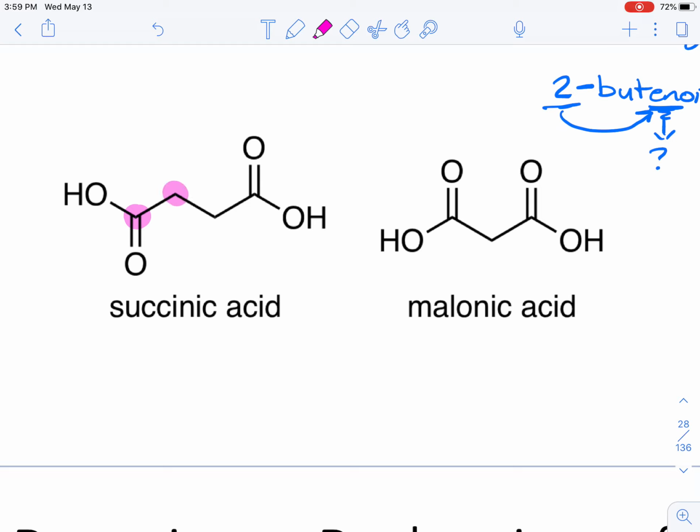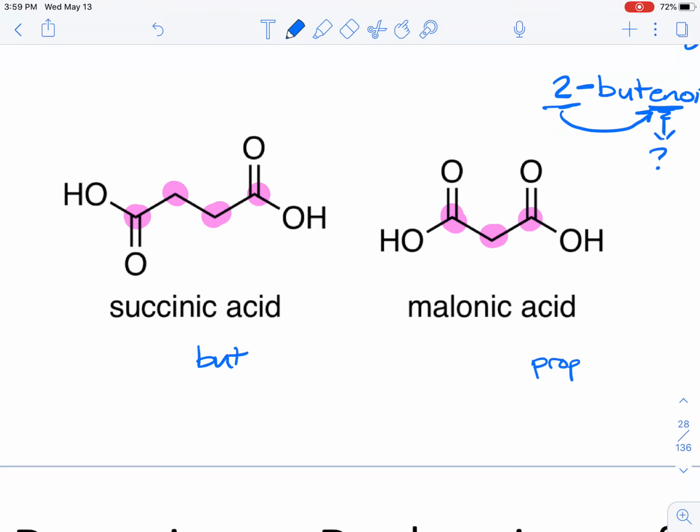So we have 1, 2, 3, 4, and 1, 2, 3. And so we know that we're going to be using but for succinic acid, and we're going to use prop for malonic acid.